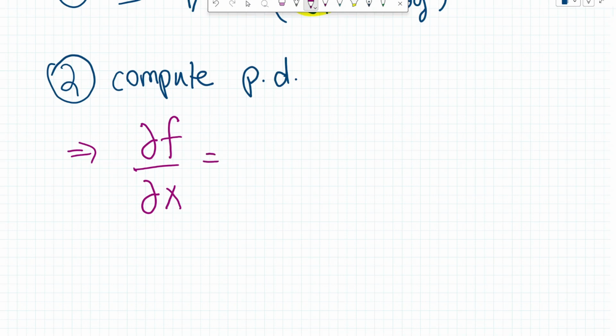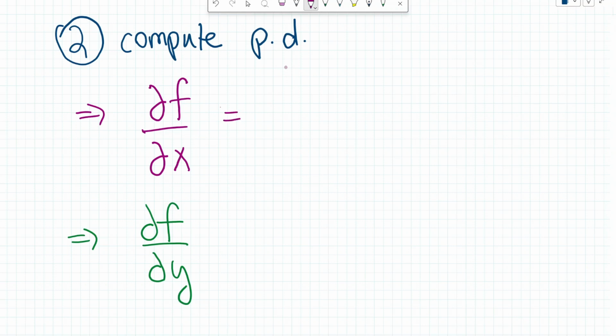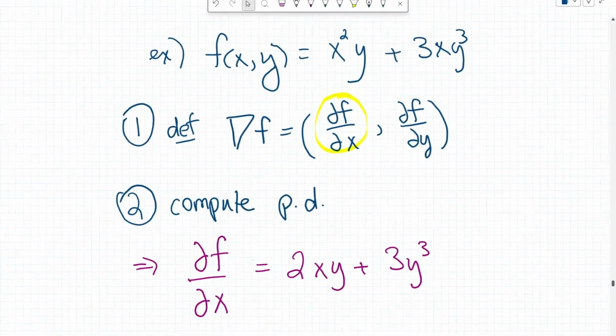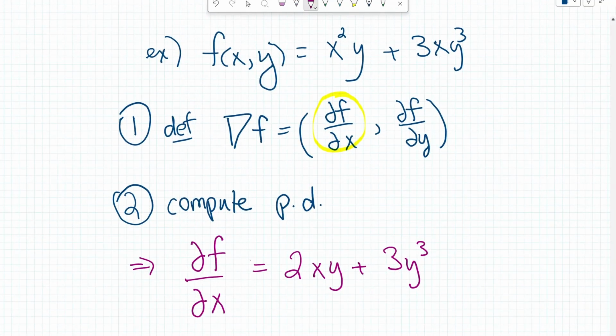So that is going to equal 2xy plus 3y cubed. If we go back and look at our initial function, we see that we're using the power law. So we're taking our 2 down, and then y is a constant, so it's still being multiplied. And then same over here. We're treating x as the variable which we're differentiating with respect to. So then y is constant, which gives us 3y cubed.